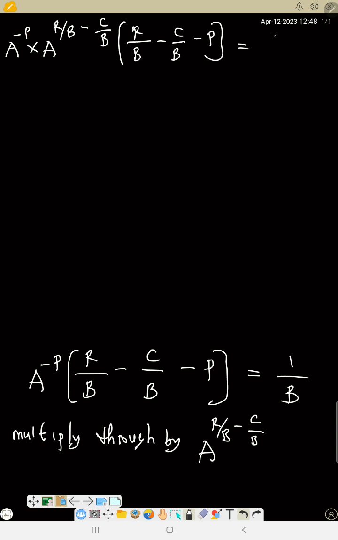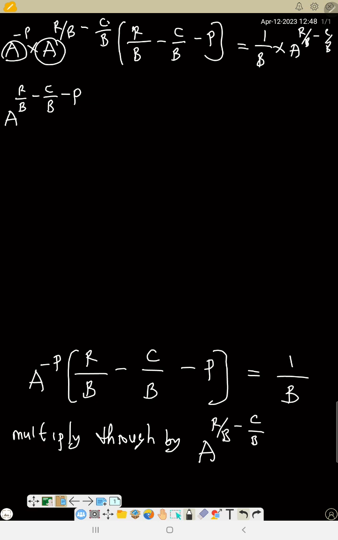So it's equal to 1 over b times a raised to power r over b minus c over b. So I'm multiplying this by both sides. So this will become a raised to power r over b minus c over b minus p, as in these two. Now the bases are equal.